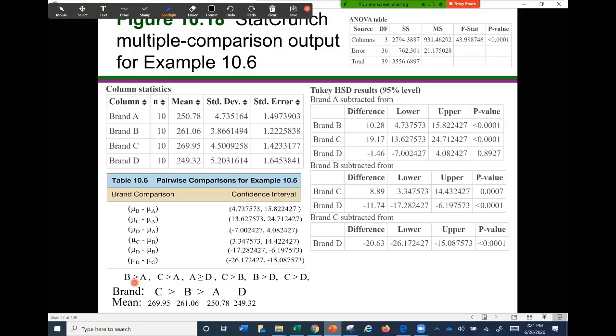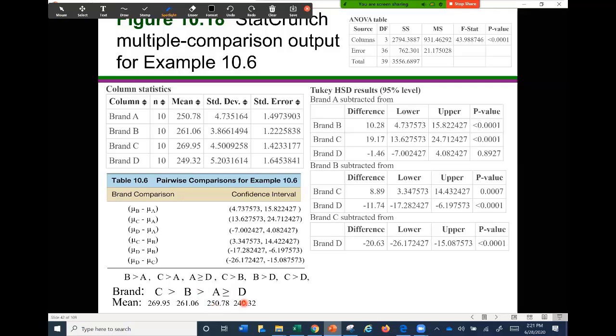And A and D, in this, we conclude that the mean of A is bigger than or equal to the mean of D. Because of that, we need to draw a line above A and D to indicate that A and D could be equal, that there is no significant difference between A and D. As you can observe, A is 250 and D is 249.